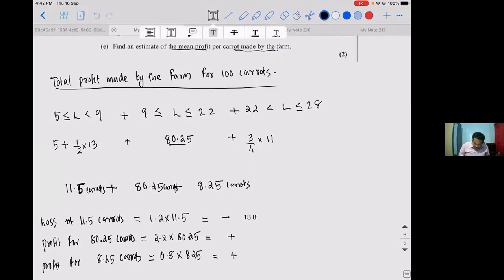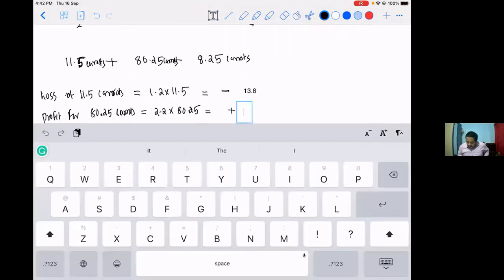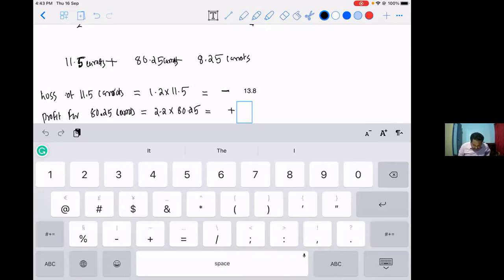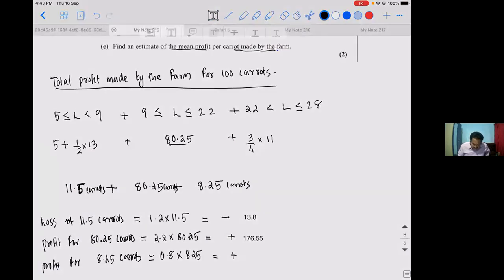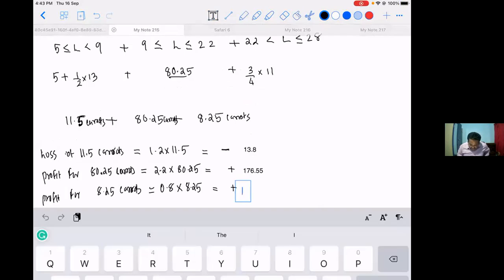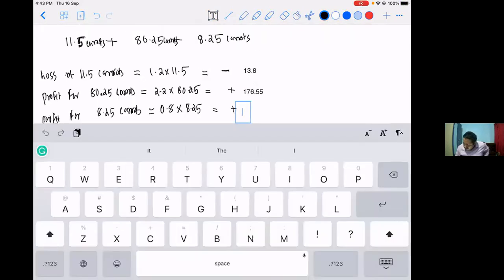And what about this value? 2.2 times 80.25, that is 176.55. And what about the final one? That is 0.8 times 8.25, that is 6.6.